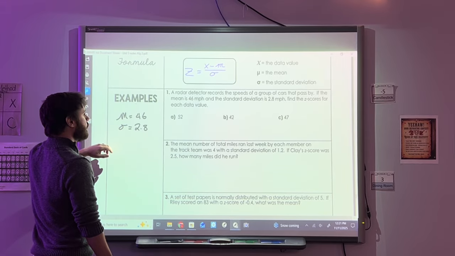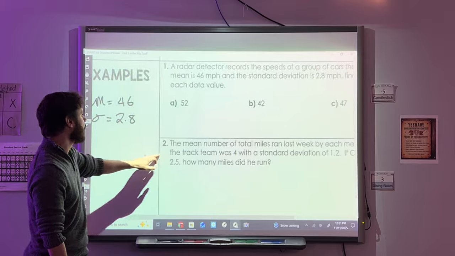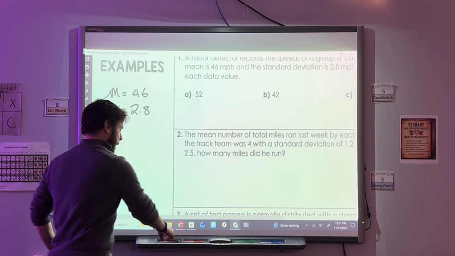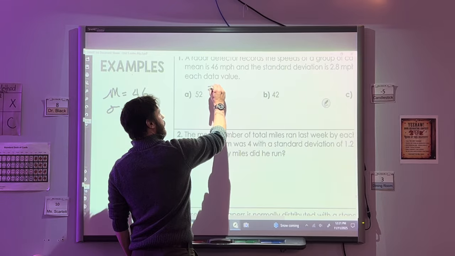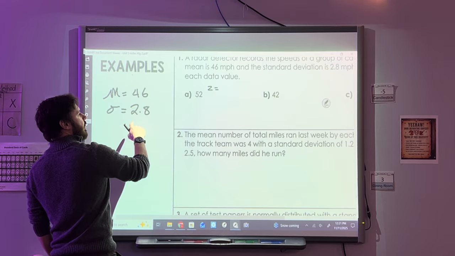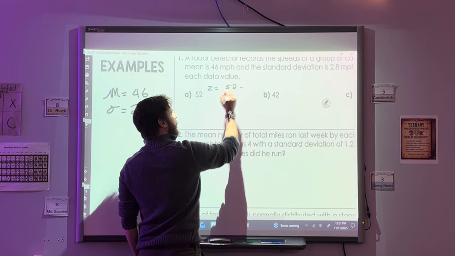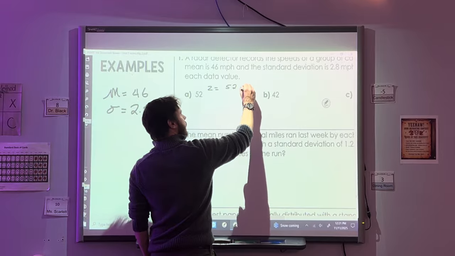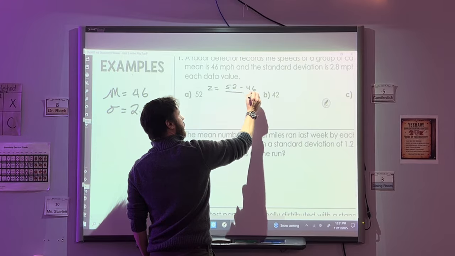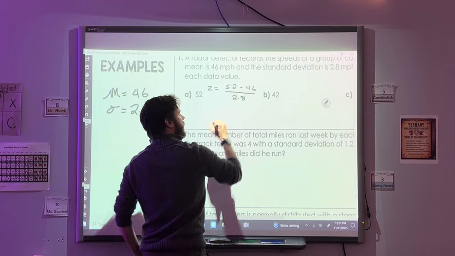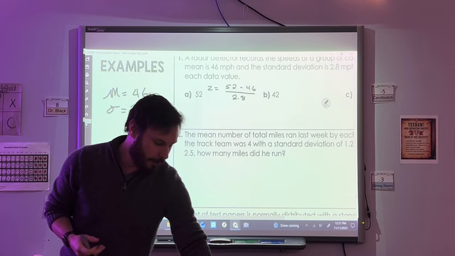Okay, so here, my z-score is equal to my data value, which in this problem is 52, minus the mean, 46, divided by my standard deviation, 2.8.